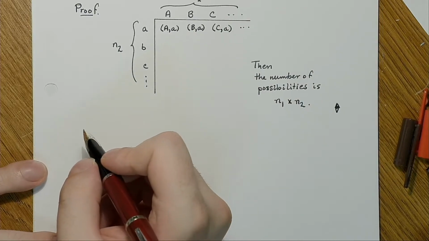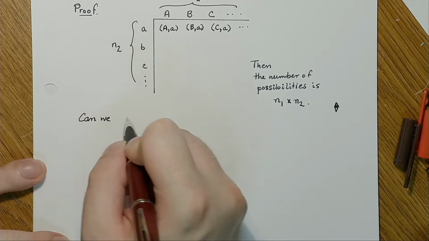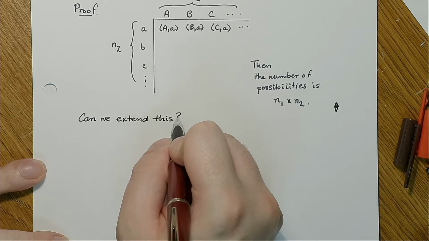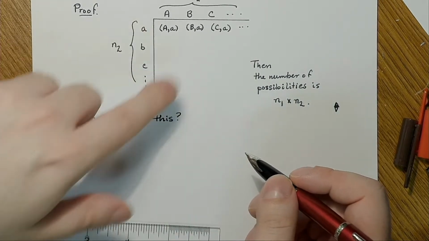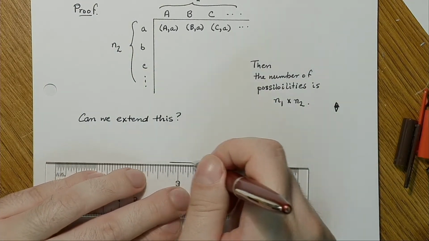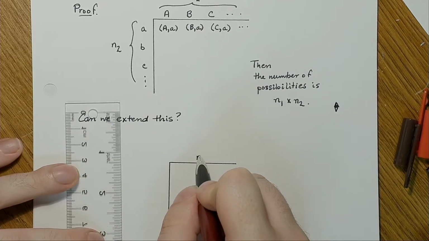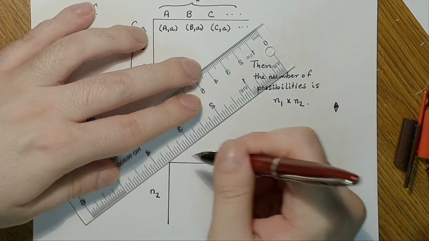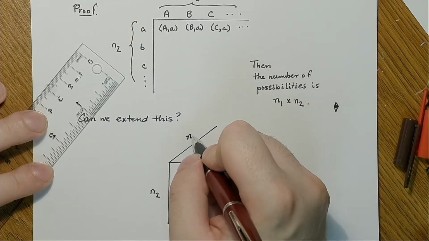Now, can we extend this? Yes. It gets a little bit trickier, but instead of working in 2 dimensions, now we'll be working in 3. So let's say that I have N1. So here will be N1, here's N2, and then I'm going to go in this direction here. Here's N3.